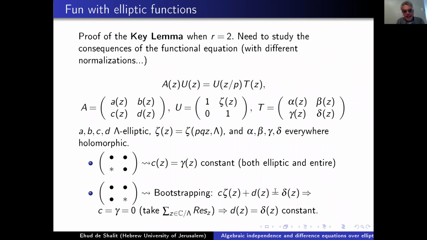And therefore, from summing the residues, you get that C, and hence also gamma, which was equal to C, is 0. But now you use this bootstrapping argument: you put C equals 0 into this equation, and now you get that delta equals D, and again, because it's both elliptic and entire, it must be constant.